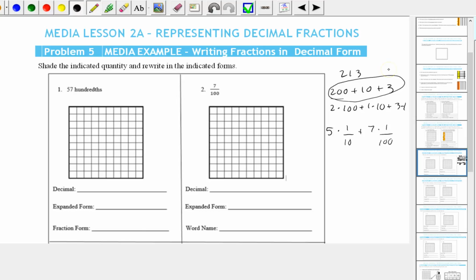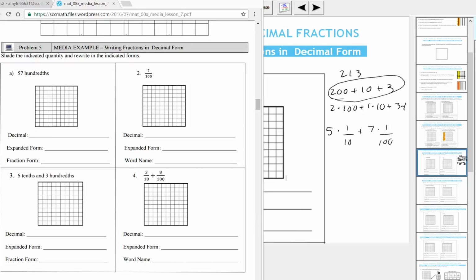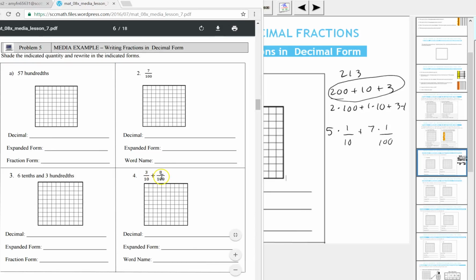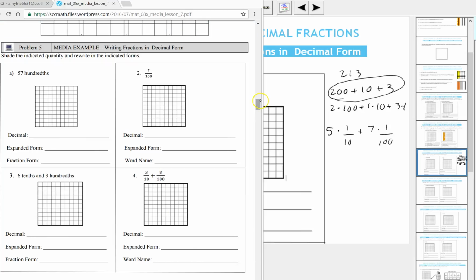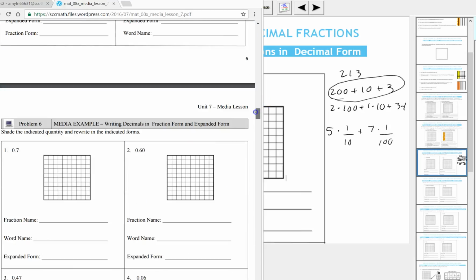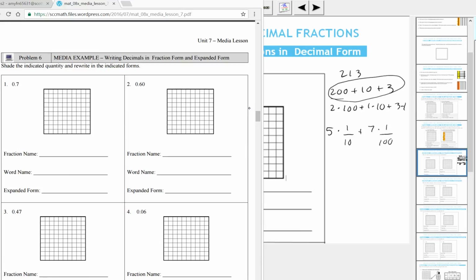Okay, let's go back. Notice again, here we write them in fraction form and have them write all the different forms, just connecting these ideas and building a robust understanding. Then giving them decimal forms, having them shade them and write them in the equivalent other forms.